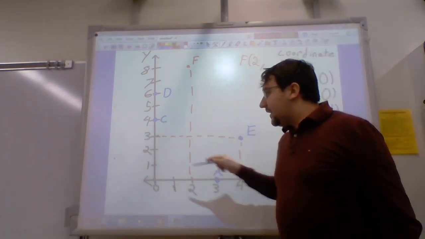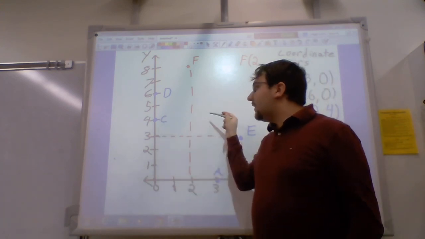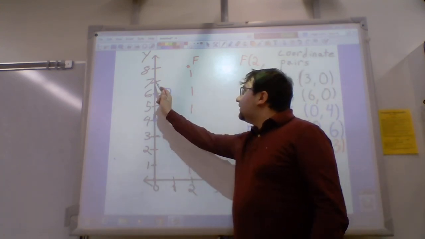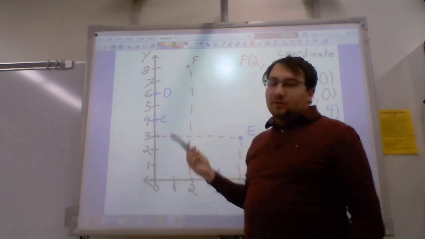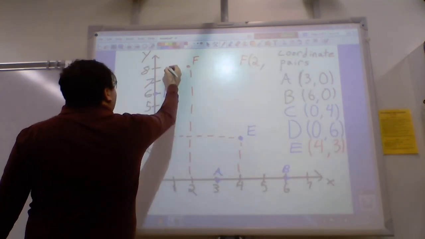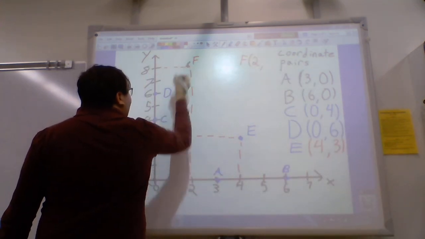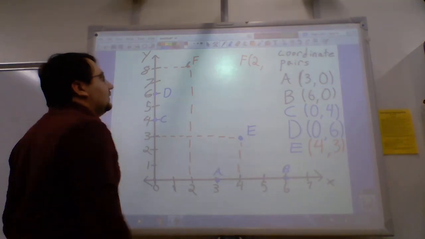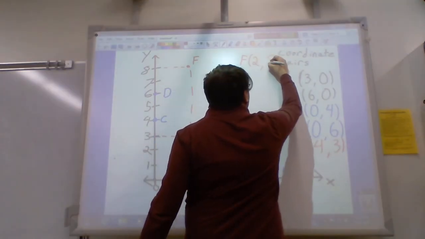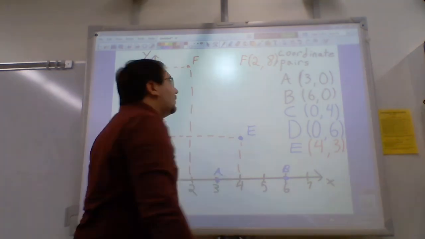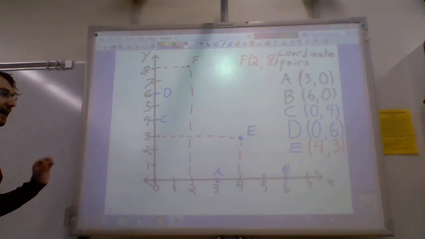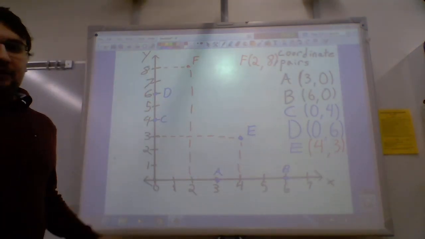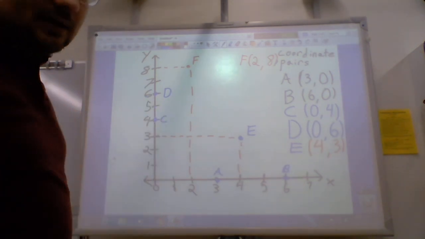We can obviously say not 1, not 2, not 3, not 4, not 5, not 6, not 7, but it looks like 8 works out perfectly fine. So F is going to be 2, 8. The coordinate pair for point F is going to be 2, 8.